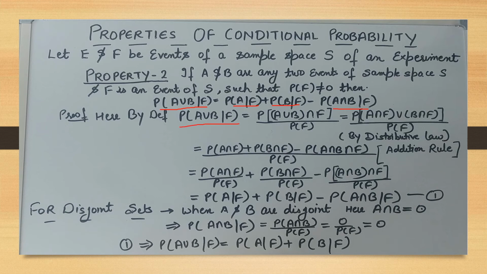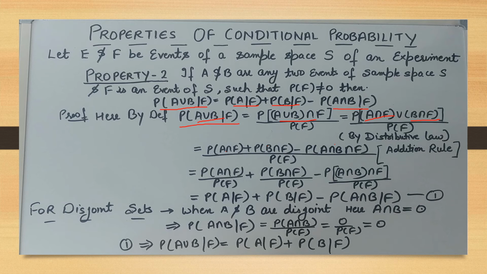Now let's apply the formula of conditional probability. So it becomes probability of A union B intersection F divided by probability of F, by the definition. And now open it by using the distributive law at the top. So it becomes probability of A intersection F union B intersection F divided by probability of F. Now again apply the addition rule, so it can be written as probability of A intersection F plus probability of B intersection F minus probability of A intersection B intersection F, divided by probability of F, right?